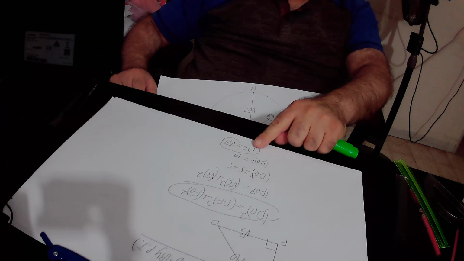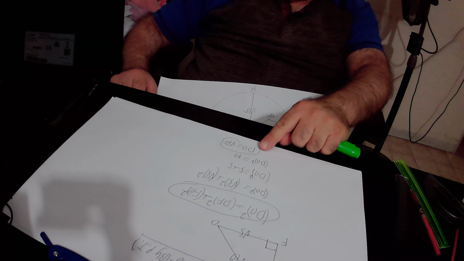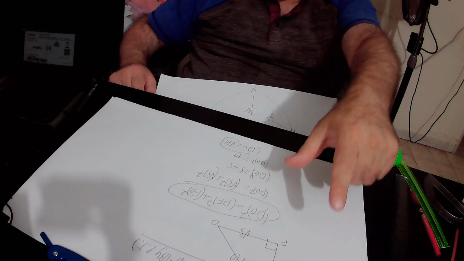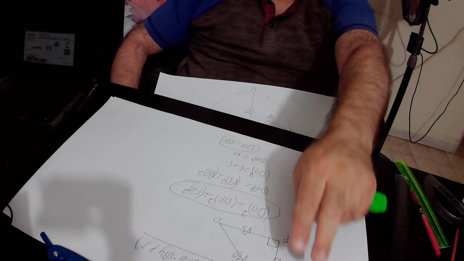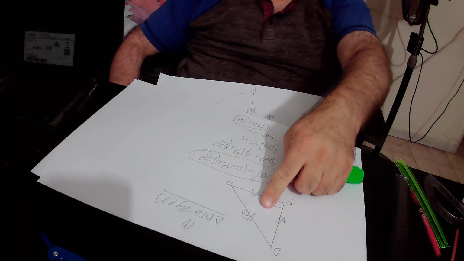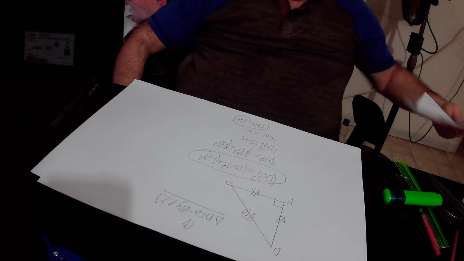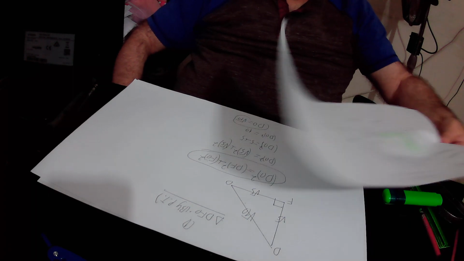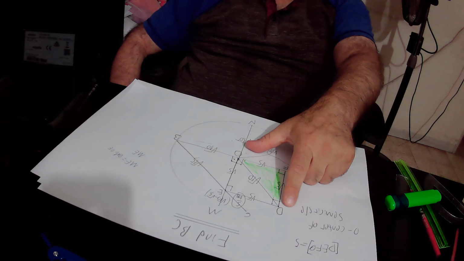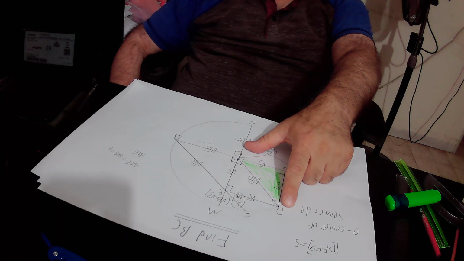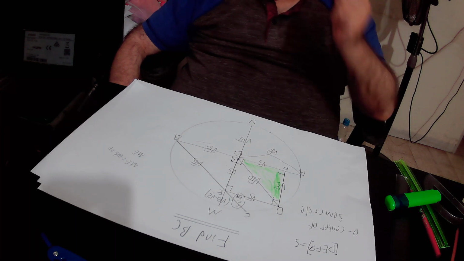So DO squared equals 10. We took a root of this equation and found out that DO, the hypotenuse of this right triangle DOF, equals square root of 10 units. Okay. Here, the hypotenuse DO equals square root of 10 units.